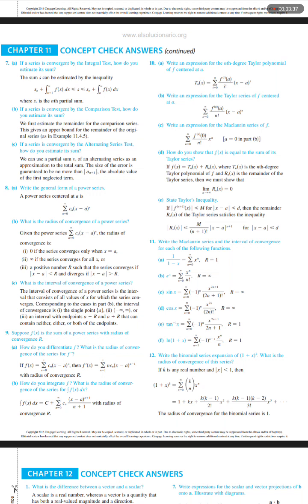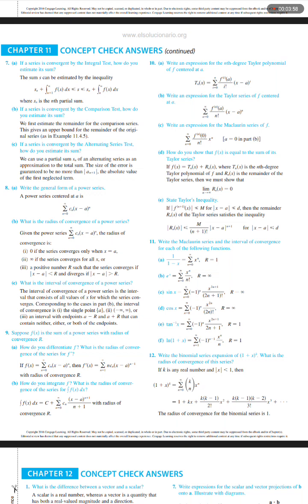Number 2, the interval from negative infinity to infinity. Or number 3, an interval with endpoints a minus R and a plus R that can contain neither, either, or both of the endpoints.